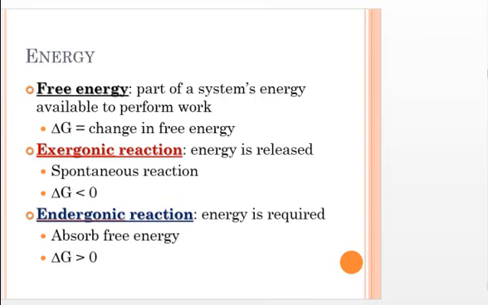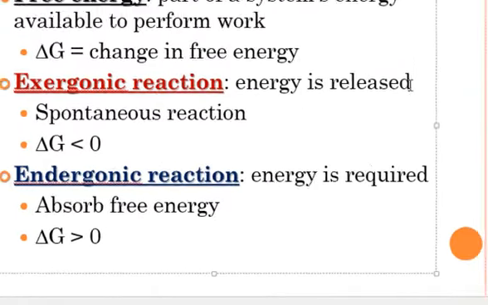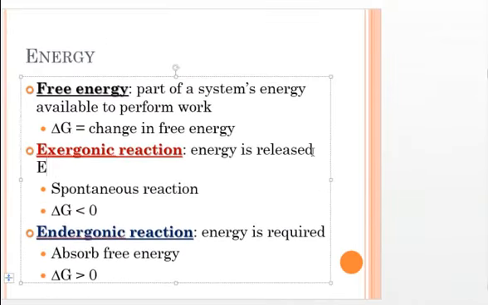So one of the concepts that you really needed to understand in the things you need to know are exergonic versus endergonic reactions. So an exergonic reaction is going to be when energy is released, or the way that I remember this, it exits the system. So I would definitely go ahead and put exits into your notes here.